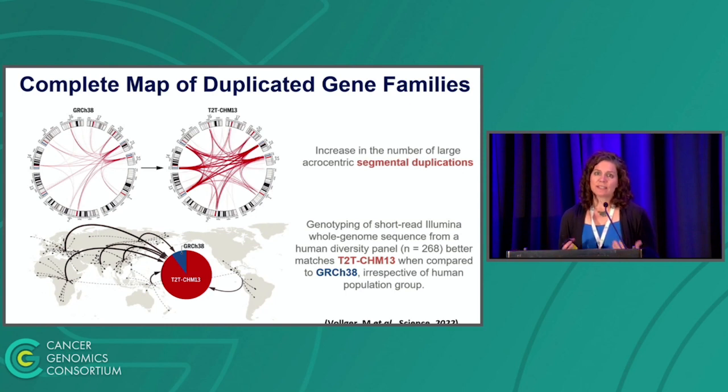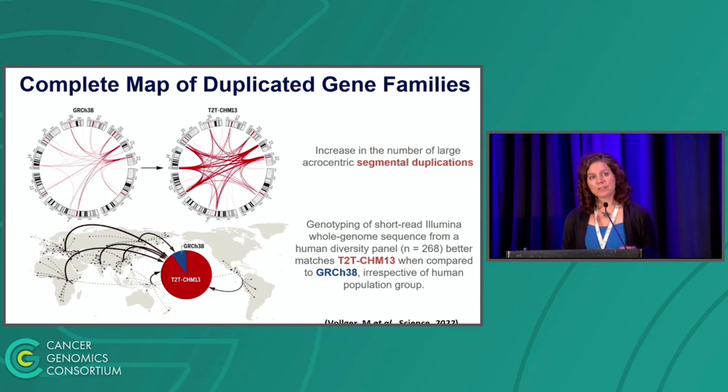And so when we study segmental duplications that exist in CHM13, what we found is an increase in the number of large acrocentric segmental duplications. So it's not only a satellite story; there are segmental duplications that are largely embedded between the satellites.